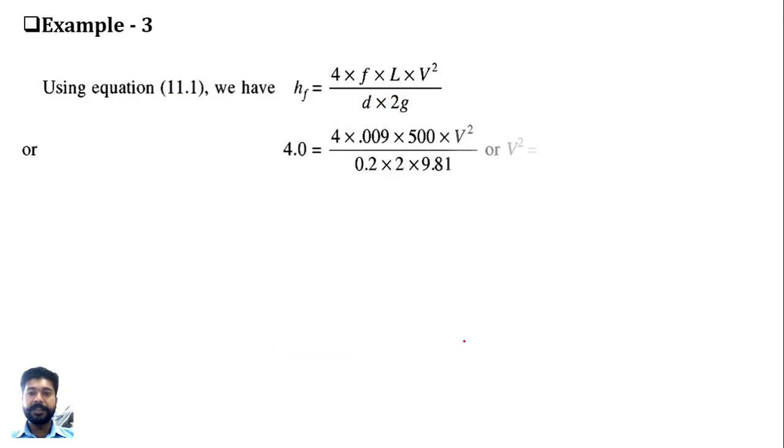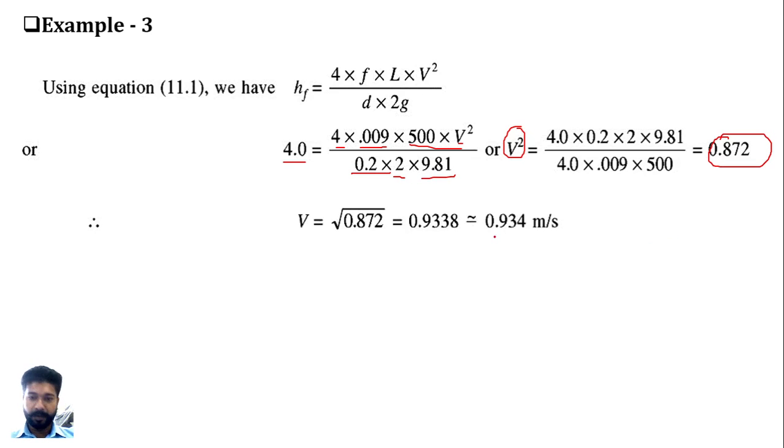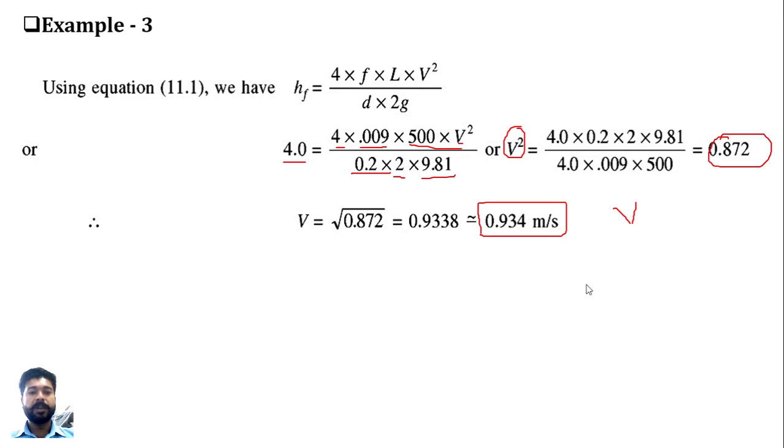Put all the values in this Darcy formula: hf is 4, small f is 0.009, L is 50, V is unknown, D is 0.2, 2 into 9.81. So V, the only unknown parameter, is 0.934 meter per second. What we are going to find is the discharge. Discharge is nothing but area into velocity.